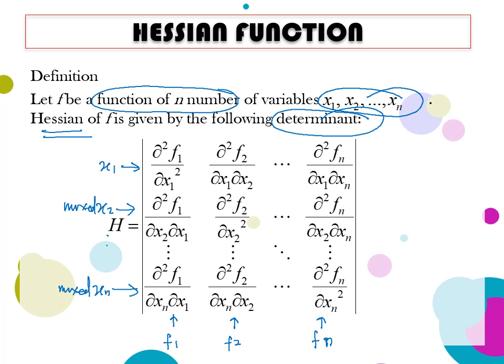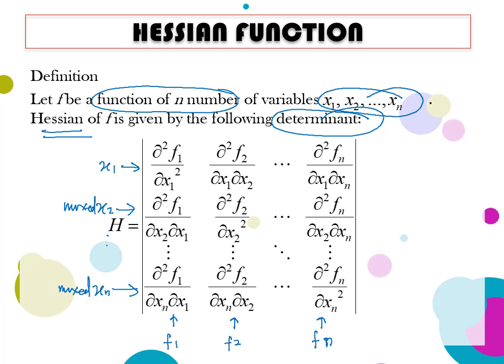For the second column, it will be exclusively only for the second function. You will find the partial derivative of the second function, the mixed derivative, for x1, x2, x2 squared until your xn.